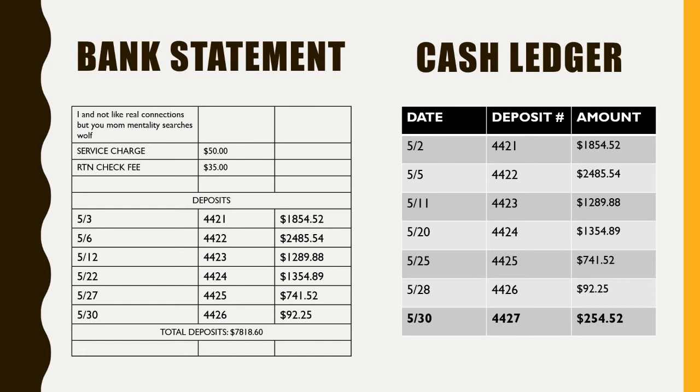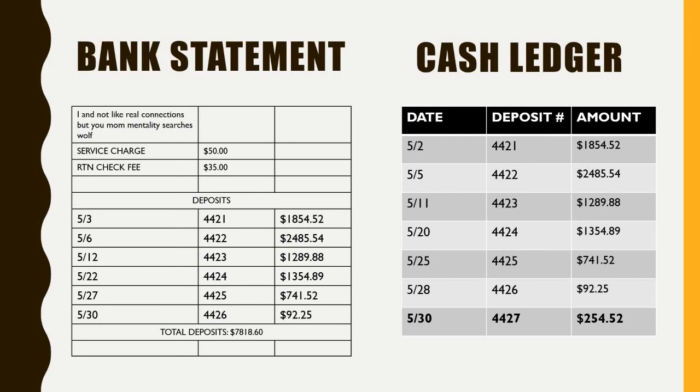You have deposit number 21, 22, 23, 24, 25, 26, and here you have 21, 22, 23, 24, 25, 26, 27. So in this case, deposit slip number 27 has not cleared yet in your bank.